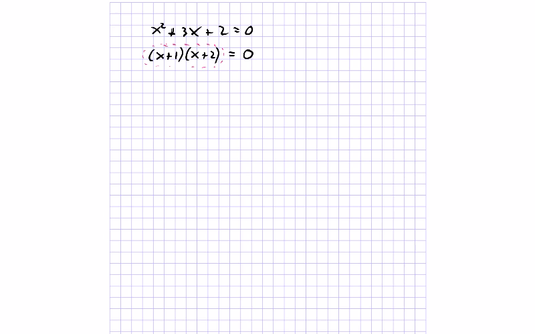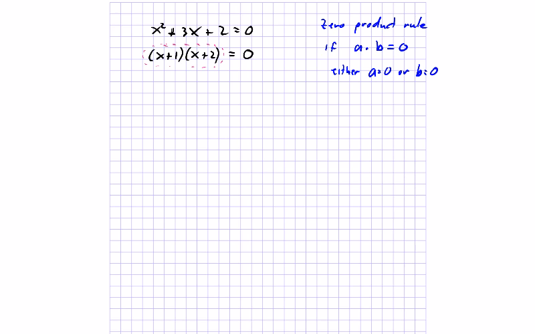Now we're in a position where we can invoke a special rule of arithmetic, which is the zero product rule. Let me just write this over here, the zero product rule. If some number a times some number b equals 0, then we only have two choices: either a equals 0 or b equals 0.